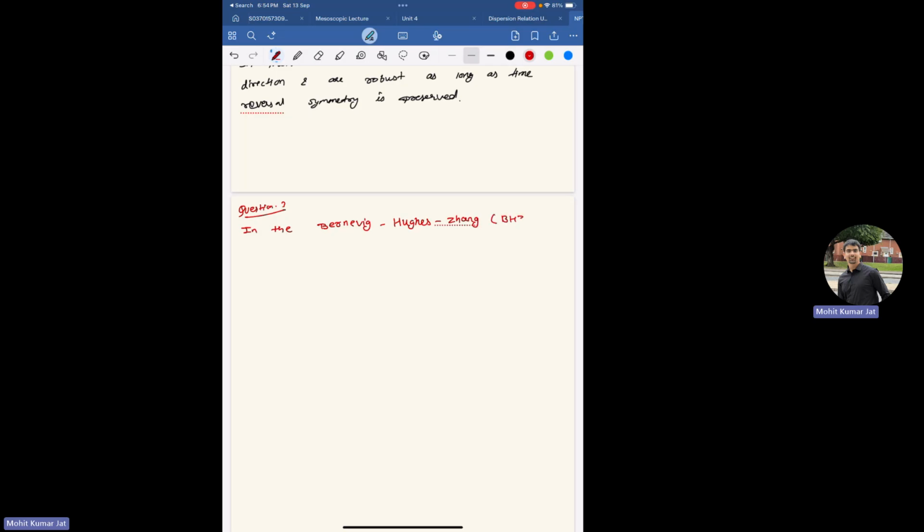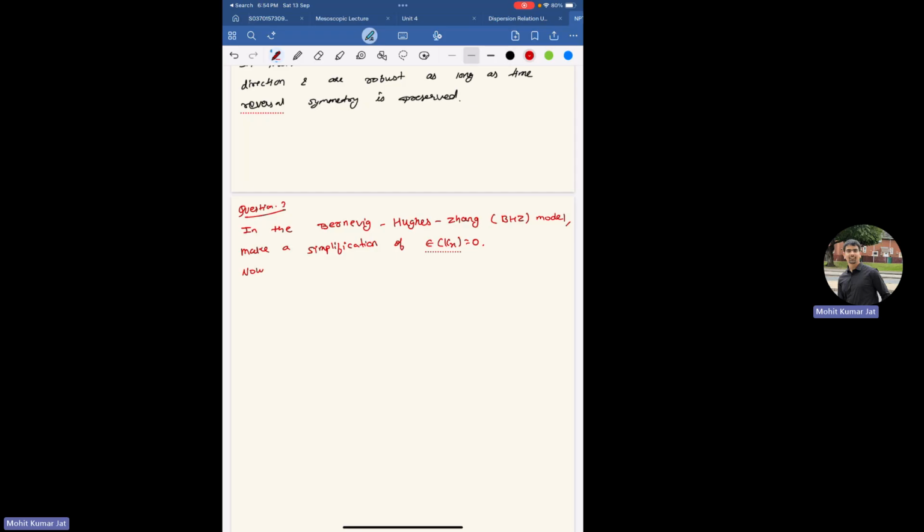Zhang model. Make a simplification of energy E of k equal to 0, where of course symbols have the usual meaning in the context of the BHZ model.